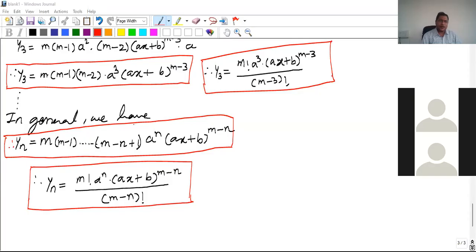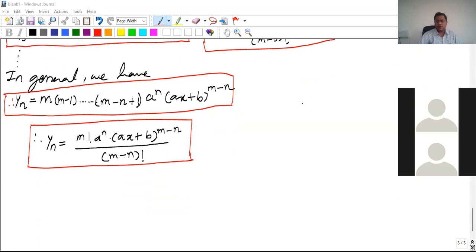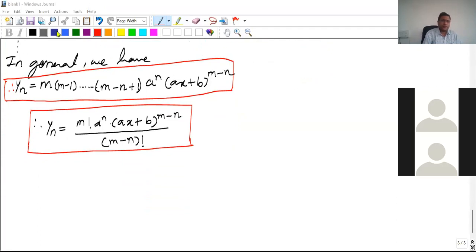Okay, no problem. So once you are done with this algebraic function, we need to think what happens to the reciprocal function. Let us try with one reciprocal function.